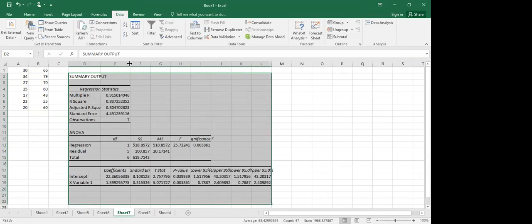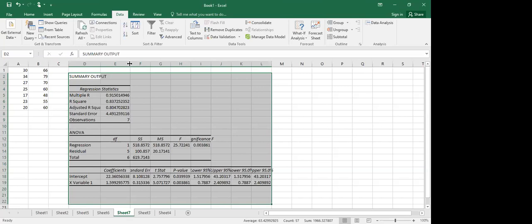So what do you think is the correlation coefficient here? Can any of you tell me what the correlation coefficient is? Is that R? Yes. It is called here multiple R because it is also used for multiple correlation.